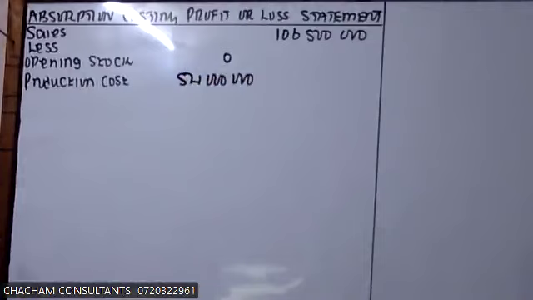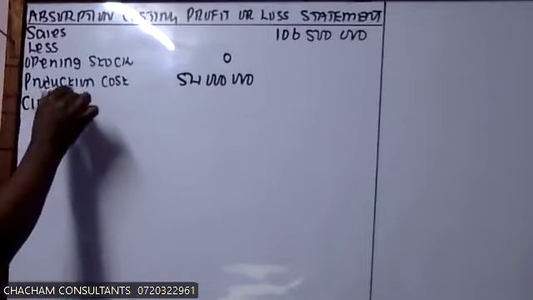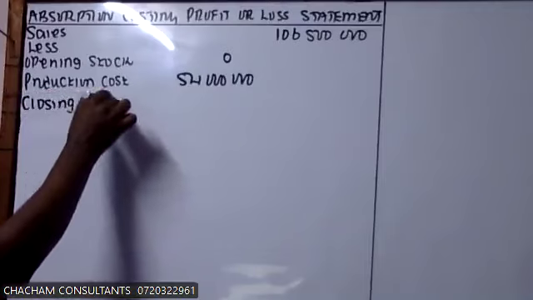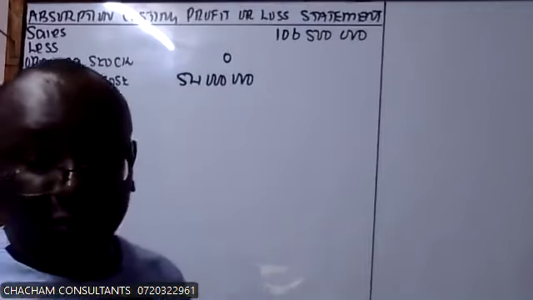Then closing stock. You do the same. Our closing stock was 2,700 units.